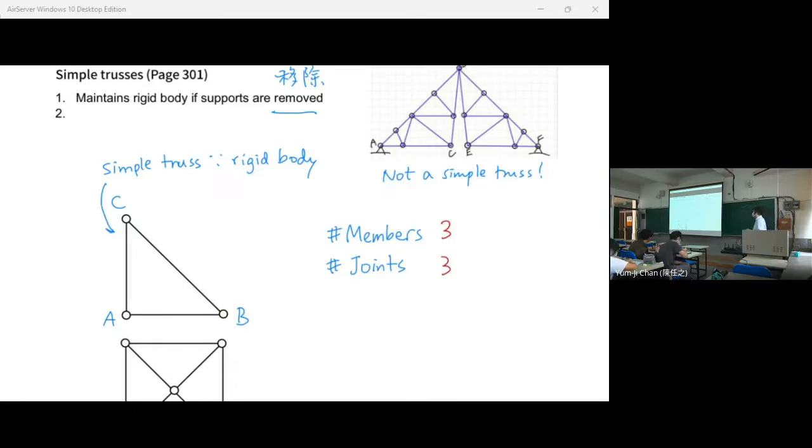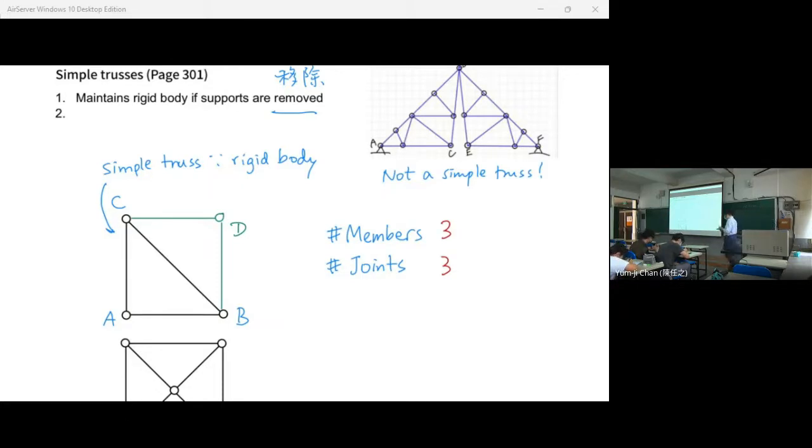Now we want to make the truss a bit bigger, so we put it like this. And we have point D here.